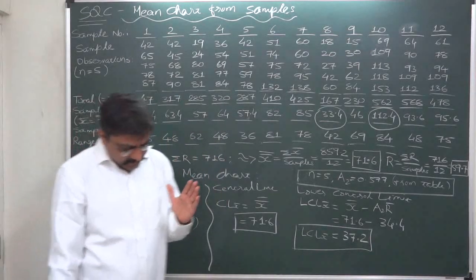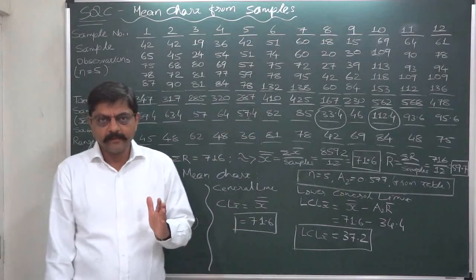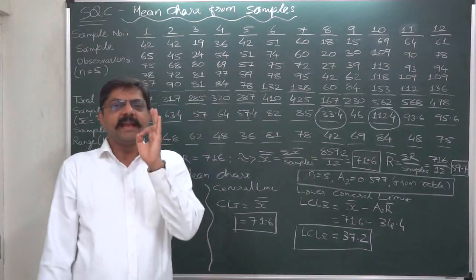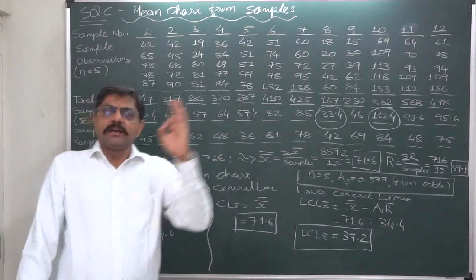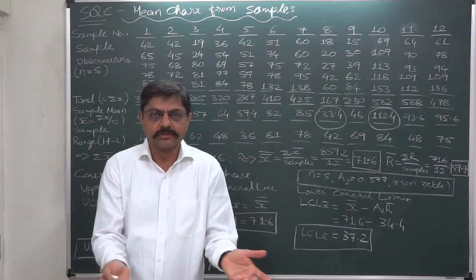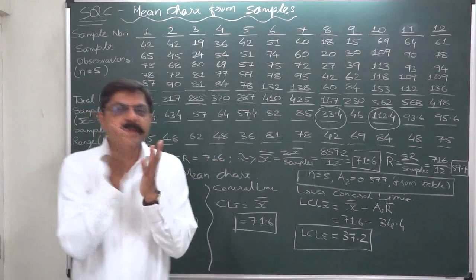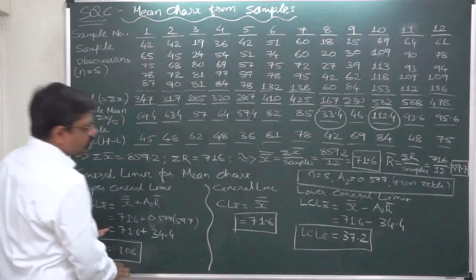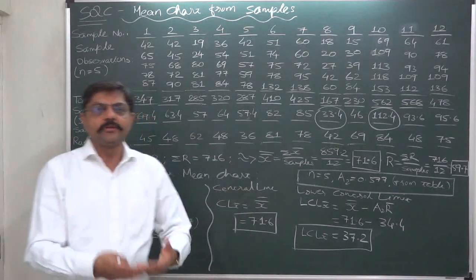Paper setters are mostly very clever. They use the words very cleverly. They can ask the question in a way that says calculate the control limits of the mean chart and draw your conclusion or state your conclusion. That means you have not been asked to draw or construct the mean chart. Then don't draw it. Just on the basis of this much information, you can write your observation, your conclusion.